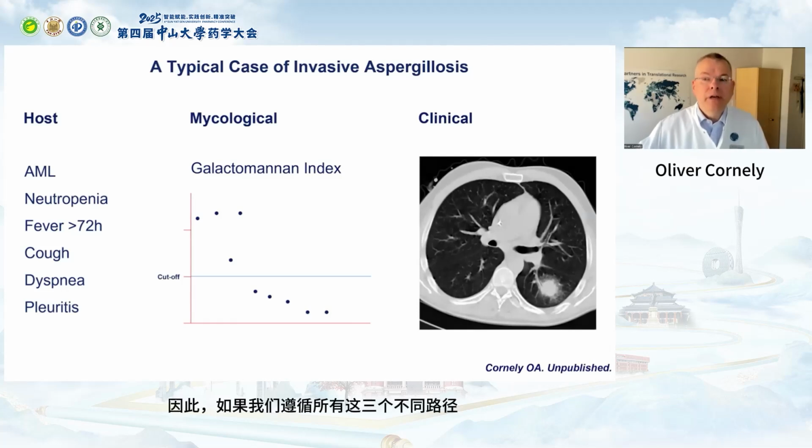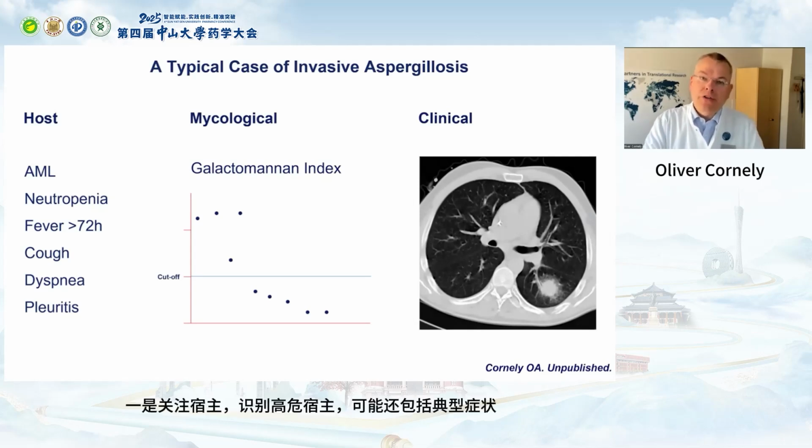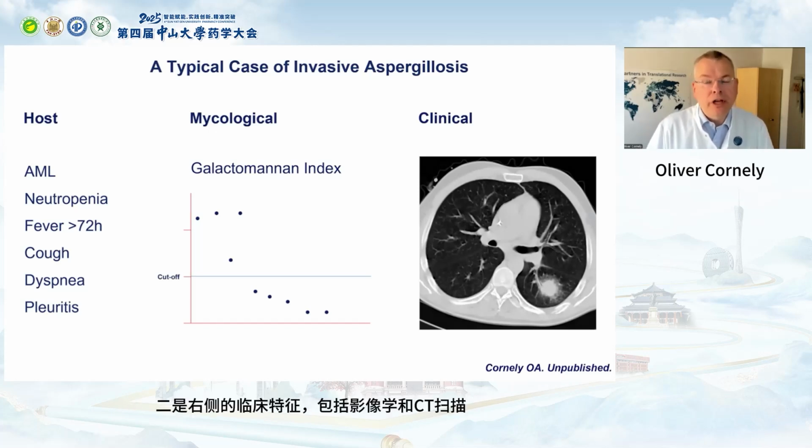So if we follow all the different 3 paths, that one is looking at the host and identifying the host at risk, maybe even with typical symptoms. Number 2 is the clinical on the right side, which encompasses the imaging and the CT scan as well.